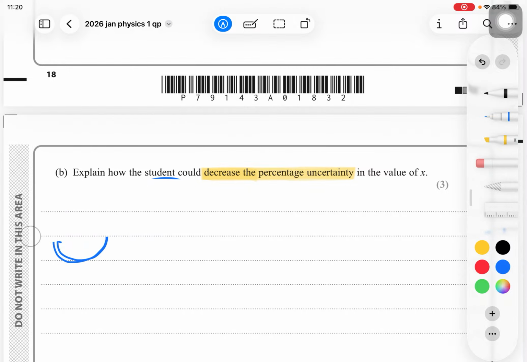So one answer would be that we can keep increasing the x reading. But since it's a practical, we have to give the answer in a practical sense.